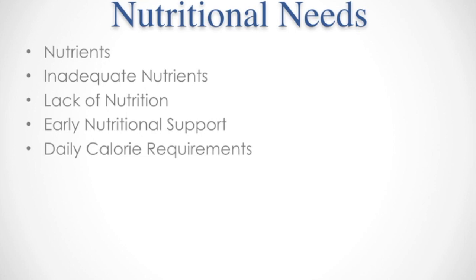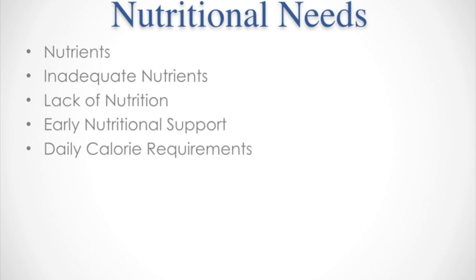Generally speaking, a patient requires about 2,000 calories per day. Critically ill patients can require 3,000 to 5,000 calories per day. For individuals who have extensive burns, the caloric need could be even greater.